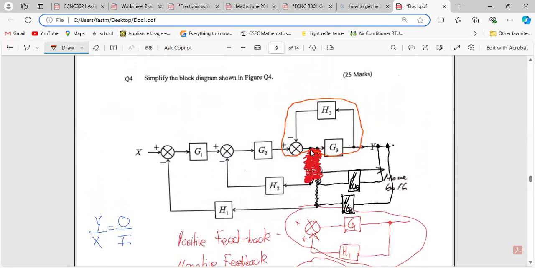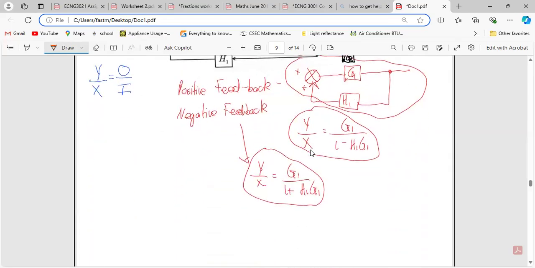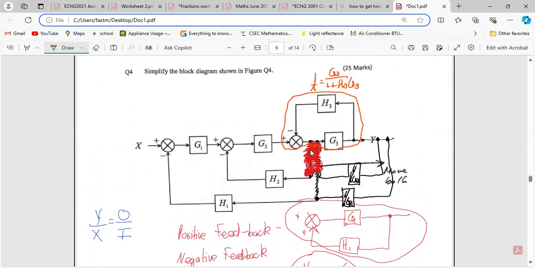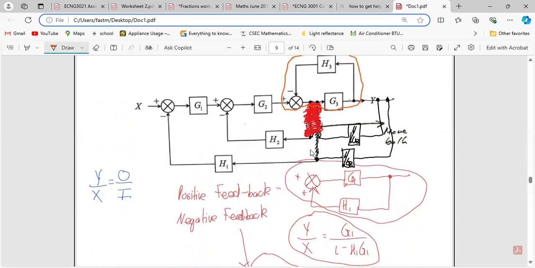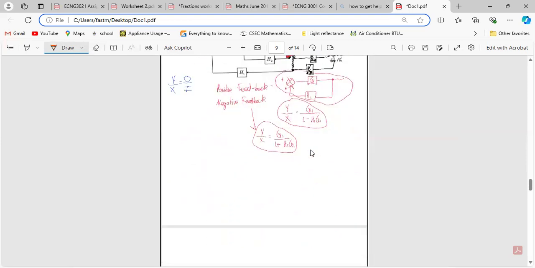You can label this A if you want to. So A, this entire thing, will reduce to one block in the circuit. It will be G3 over 1 plus H3, G3. That's what this piece breaks down to in one block. And then I'll just redraw the circuit.